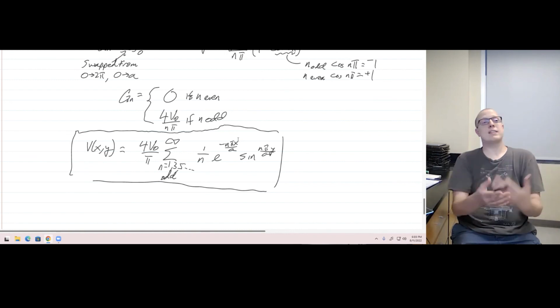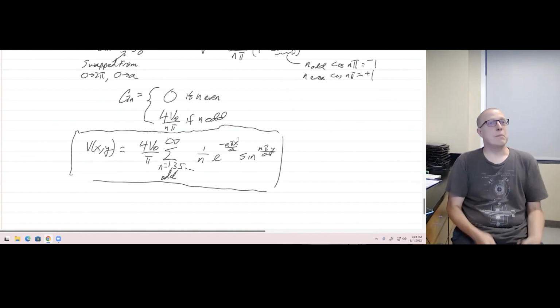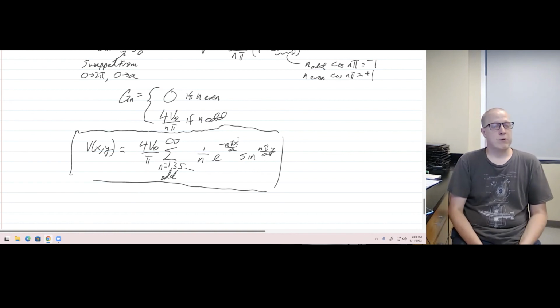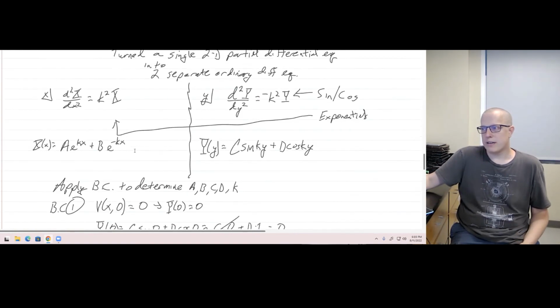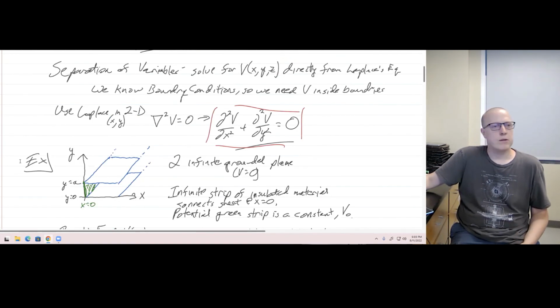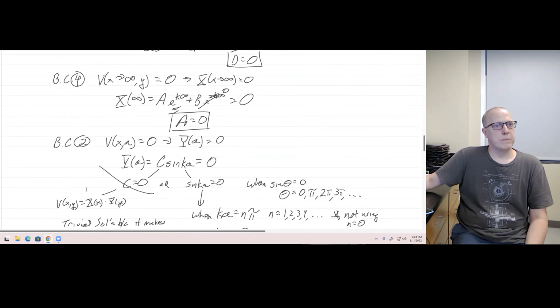You could plug that into MATLAB or some kind of graphing program, and you'll see that it would give you a plot that looks like you would expect this potential to look like. It would drop off to 0. It would be 0 at the plates and v0 at the green spot there.